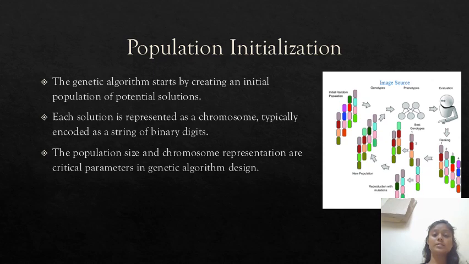So it mainly starts with the population initialization. We create an initial population, which are nothing but the solutions. Every solution is represented as a chromosome, written as a string of binary digits, 0s and 1s. The population size and chromosome representation are very important in the algorithm design.